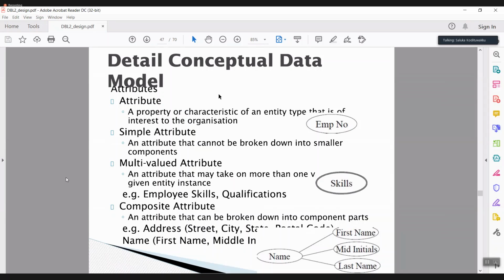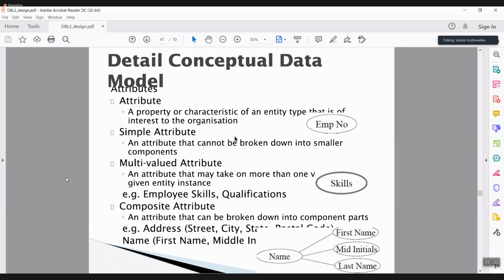But none of those entities we saw earlier are fully described. In order to describe them fully, we have to specify the associative attributes also.